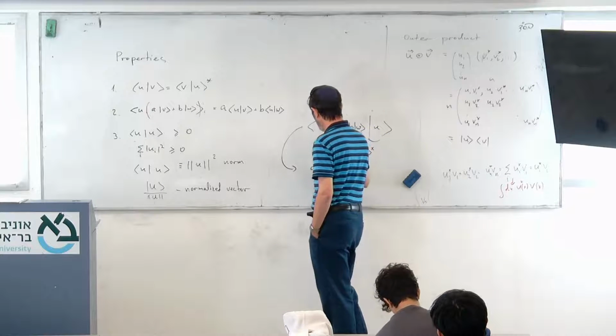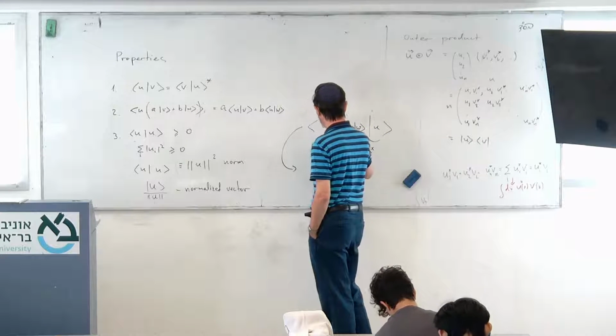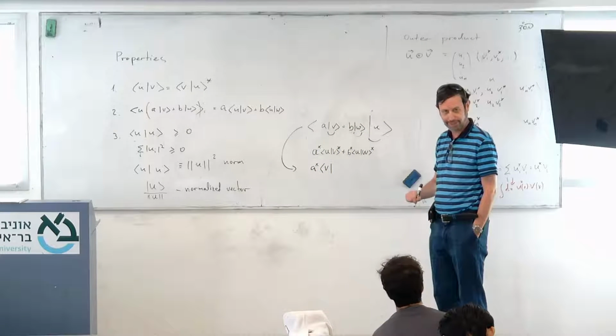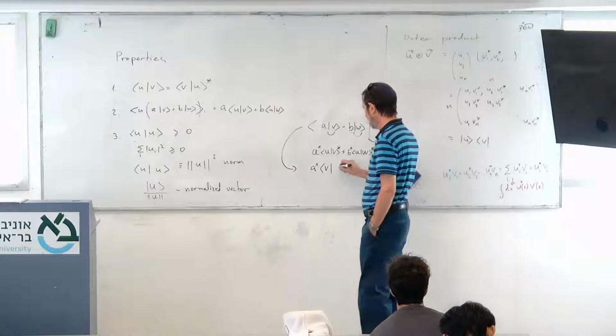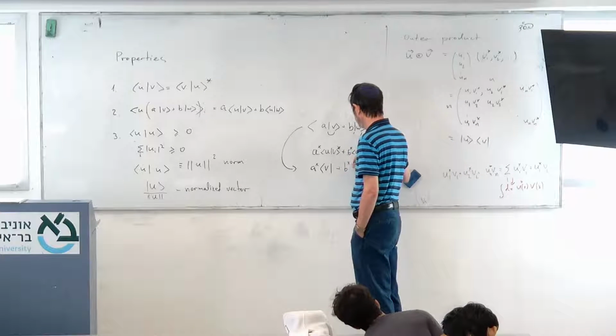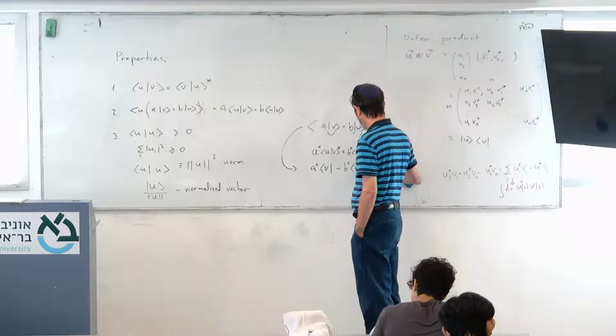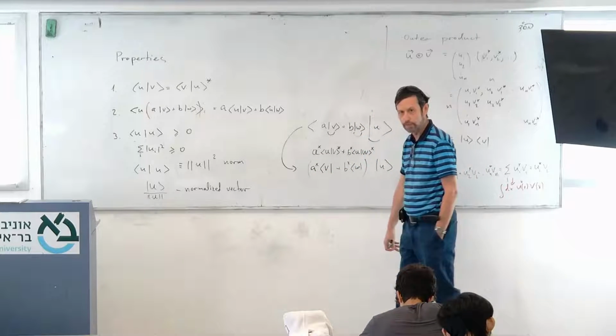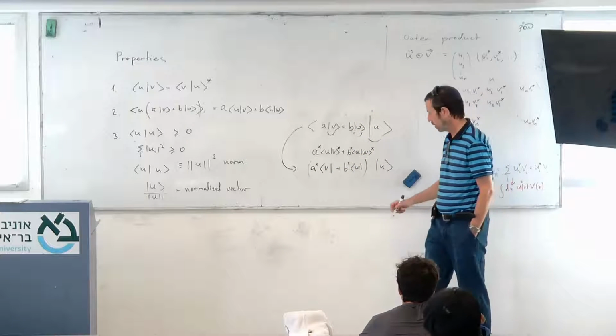So if it's on the left, this is the first guy. This is the second guy. And both of them are multiplied by u.